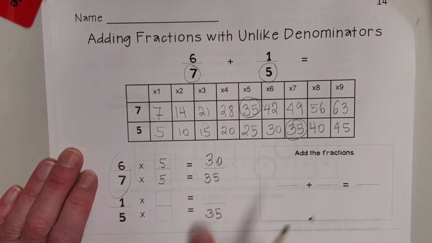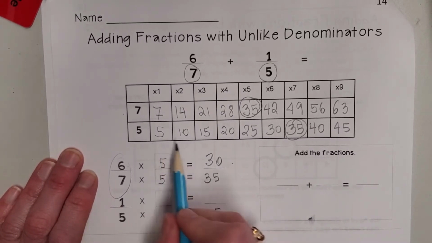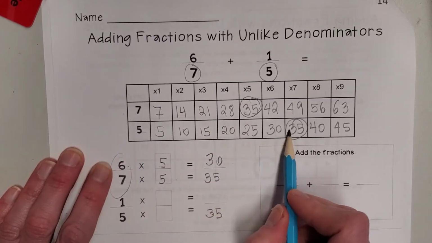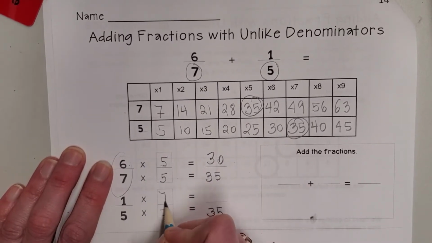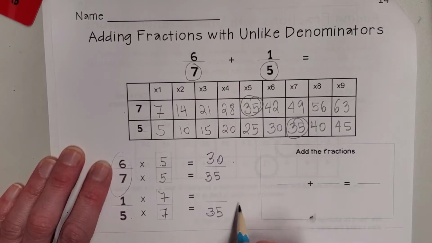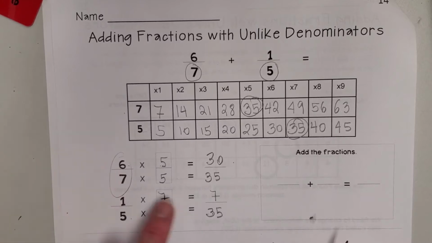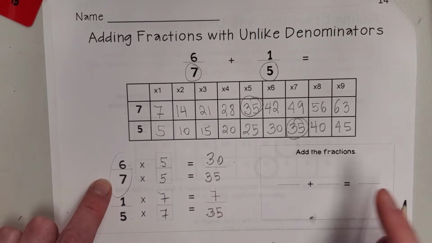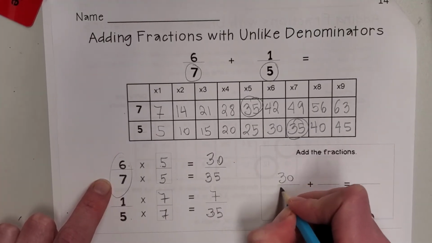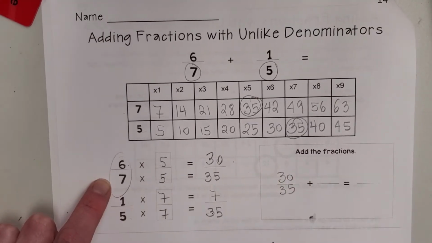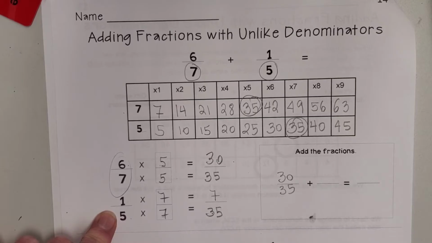1/5. How do we get from 5 to 35? Our fifths, we had to multiply by 7. 5 times 7 is 35. 7 times 1 is 7. So these are our new equivalent fractions. Instead of 6/7, we're writing 30/35, and instead of 1/5, 7/35.